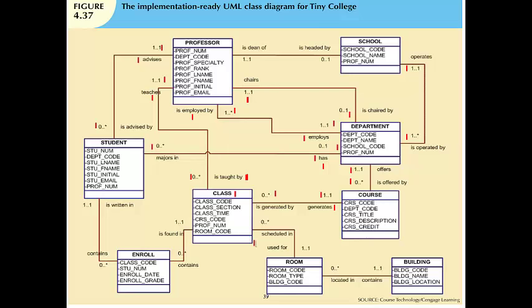All right, so a class is scheduled in one and only one room. A room is used for 0, 1, or many classes. A room is located in one and only one building. A building contains 0, 1, or many rooms.